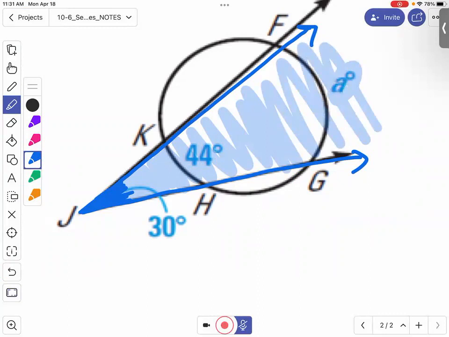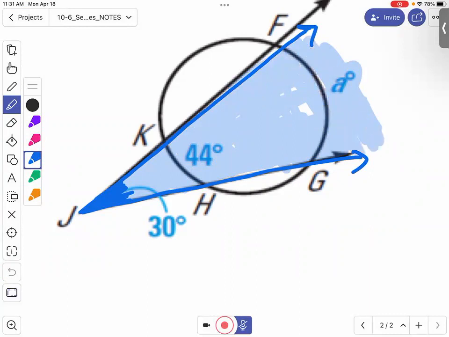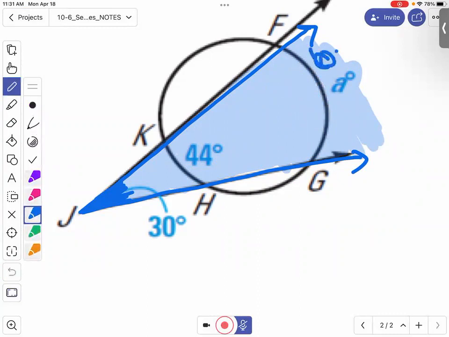So we've got an A and a 44. Now we need to decide which piece is the bigger one and which is the smaller one. And remember, bigger is always farther away. So my A will have to be the big. My 44 will be the small.